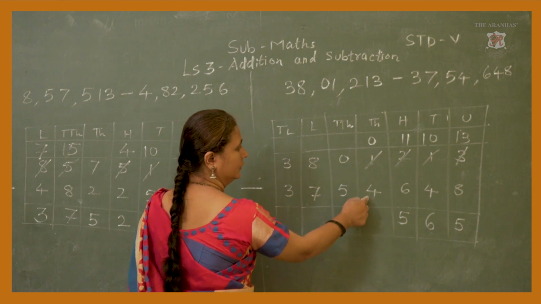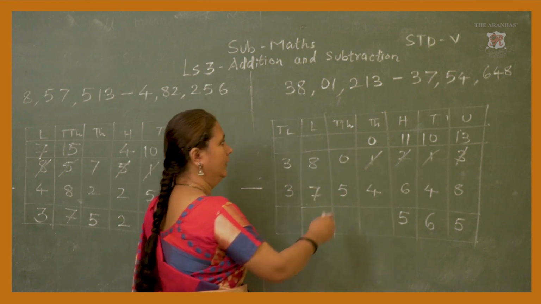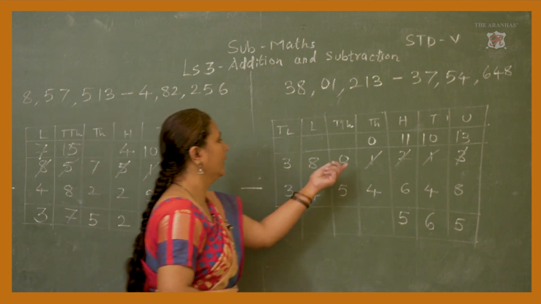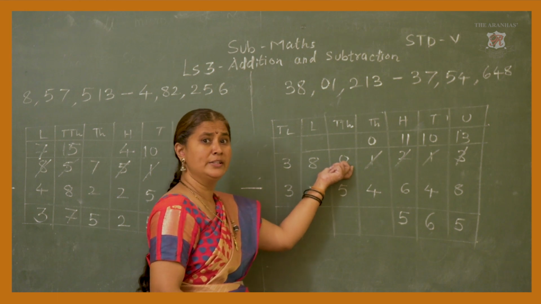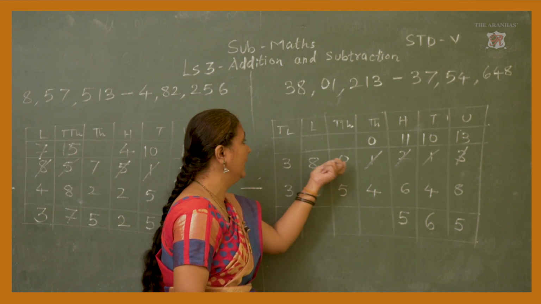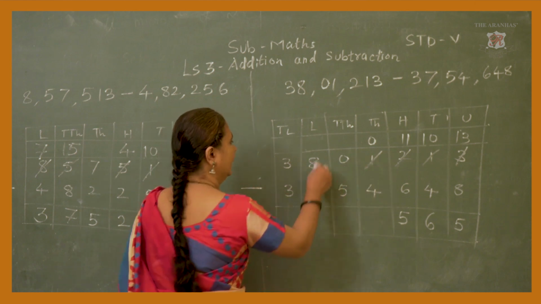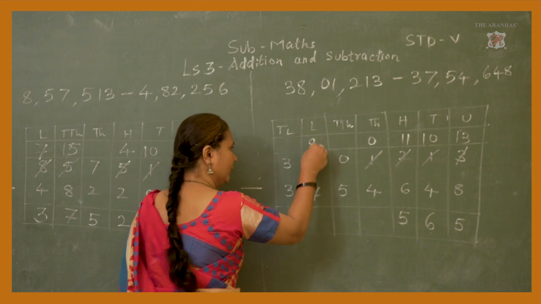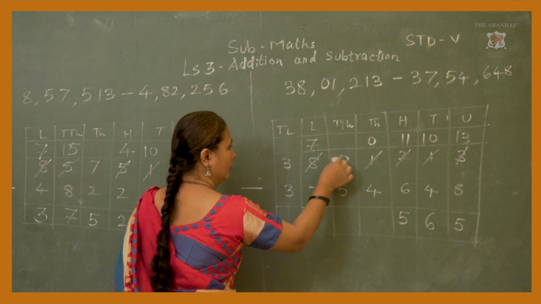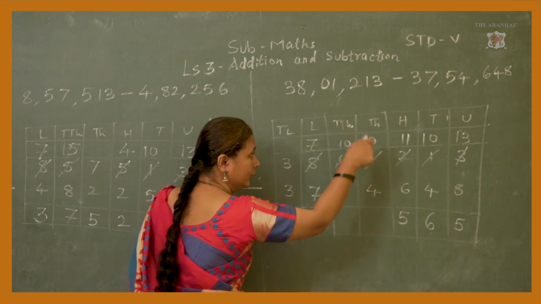Here 0, 4. Again 0 is less than 4. We have to borrow a number from the 10,000 place. But here again it is 0. So, first we have to borrow the number for 10 place from lakh and then we have to go for the 1000 place. Okay. So, here it is 8 minus 1, 7. So, here we can take 10 for this number and now you have to take here.